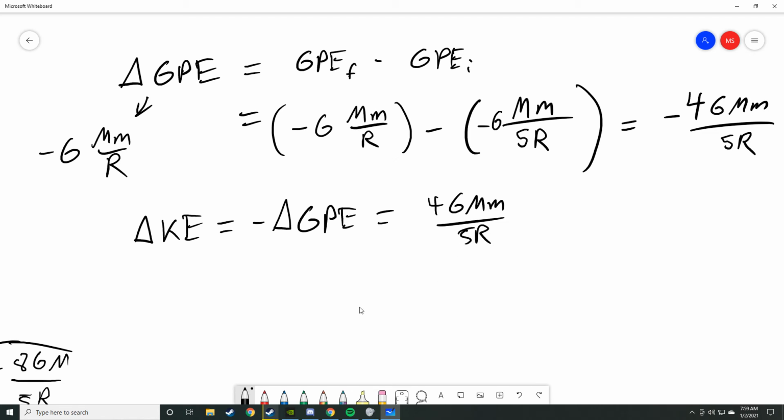Now, what is the change in kinetic energy, really? Let's go ahead and write out the formula for kinetic energy in this system.